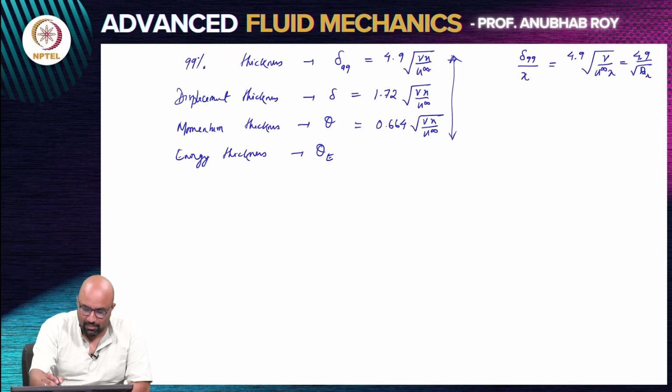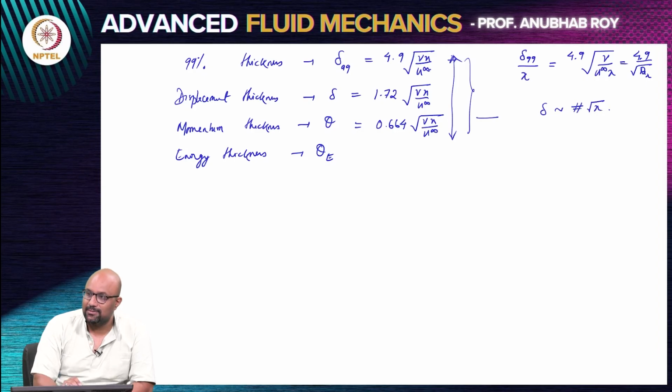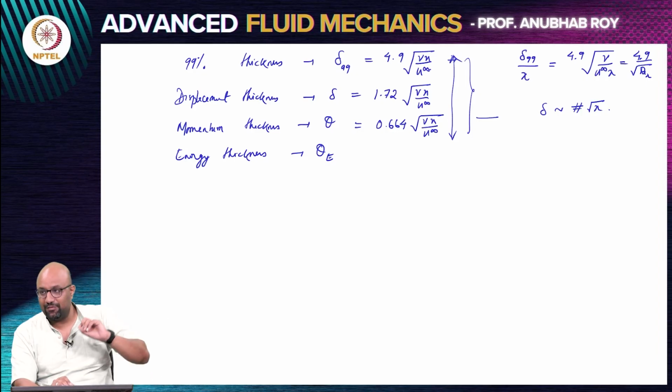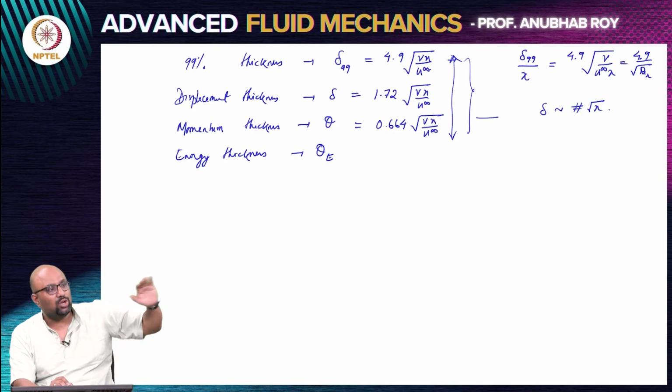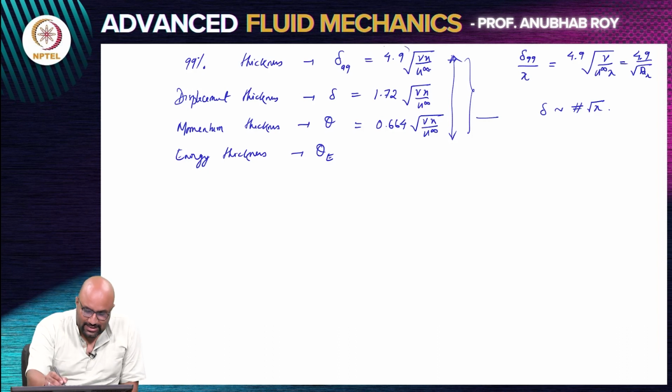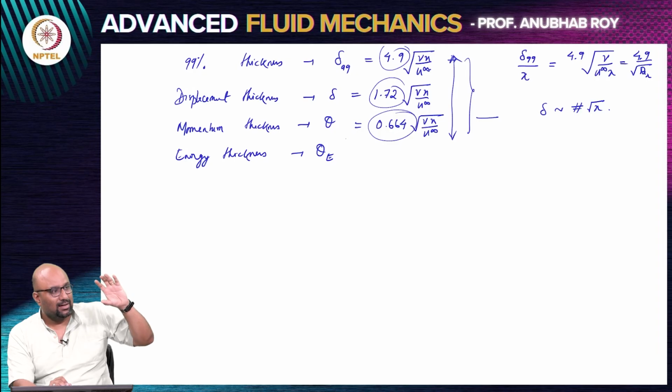So, you can see from each of these expressions that the thickness of the boundary layer is some constant times square root x. So, the boundary layer is growing as you keep going further and further downstream. Obviously the exact numerical factor is arbitrary because the exact location of the boundary layer depends on how you interpret the boundary layer.